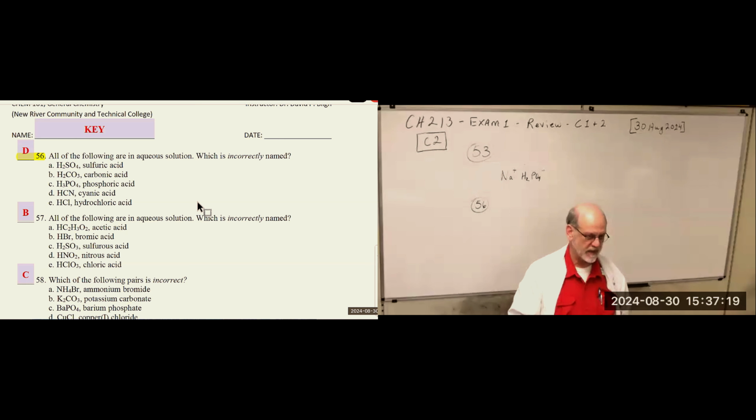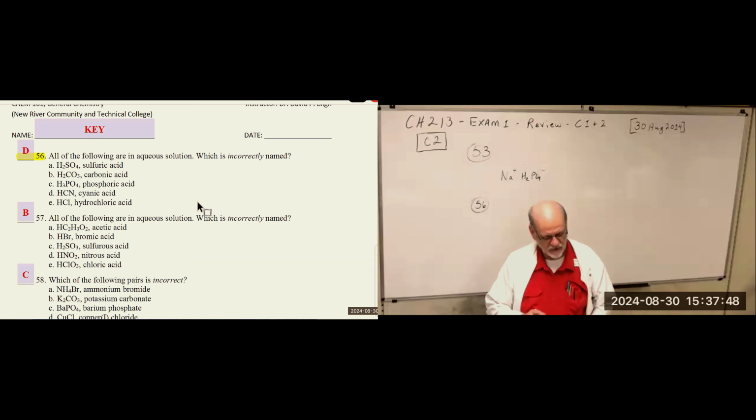CO3 is a polyatomic ion, carbonate. ate becomes ic. It's carbonic acid, correct? PO4 is phosphate, phosphoric acid. CN is cyanide, no oxygen there. So ide becomes ic, and we have to say hydro. Hydrocyanic acid. D is wrong. And hydrochloric is correct. So D is the incorrect one.